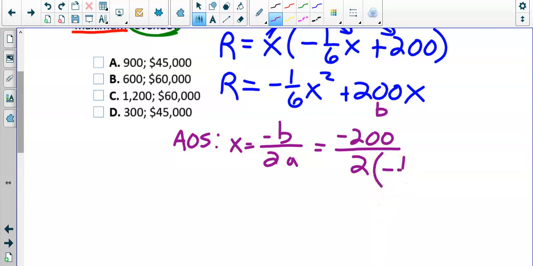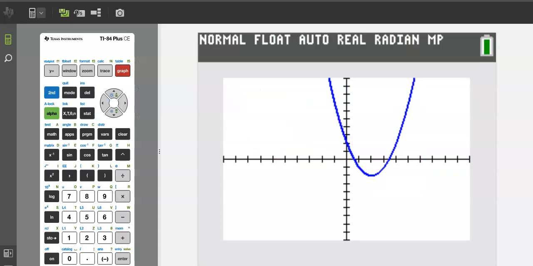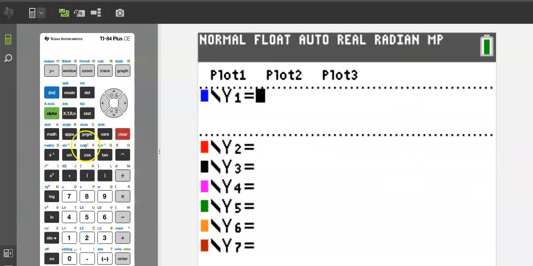Negative 1/6. So this is where I'm going to let my calculator do the dancing. Okay? I'm going to go into my calculator, and we're going to put this in exactly the way we see it. Okay? It's a fraction with another fraction in the denominator. Okay? So where's our fraction key in here? Let's clear that out.